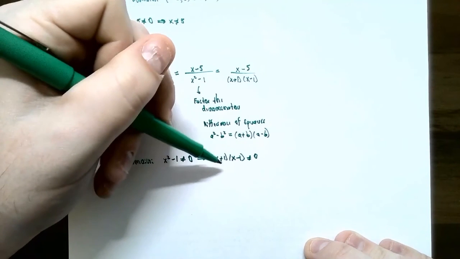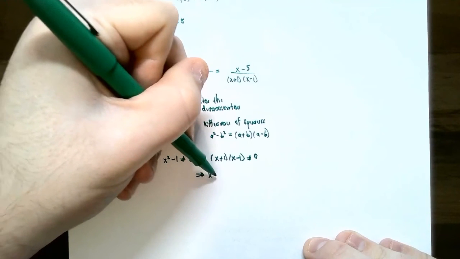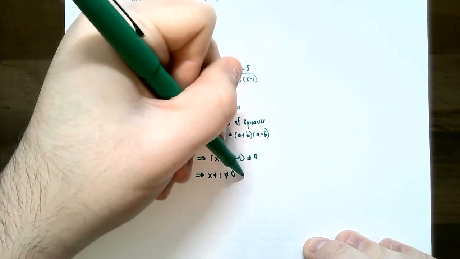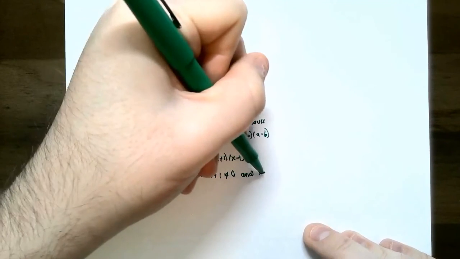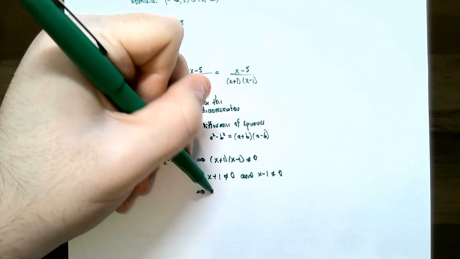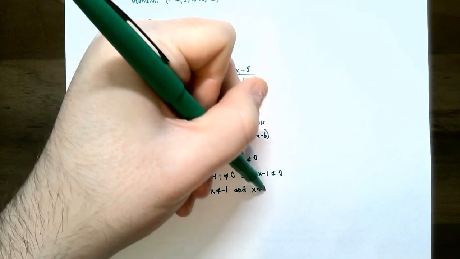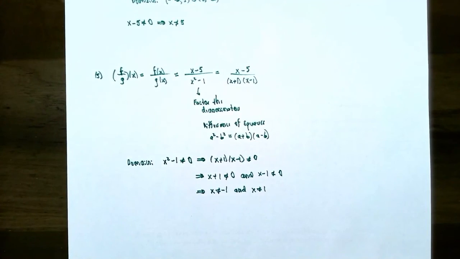Because if one of them is 0, then the product is 0. So this means x plus 1 cannot be 0, and x minus 1 cannot be 0. So x cannot be negative 1, and x cannot be positive 1. So this time we found out there are two values that we cannot have in the domain.